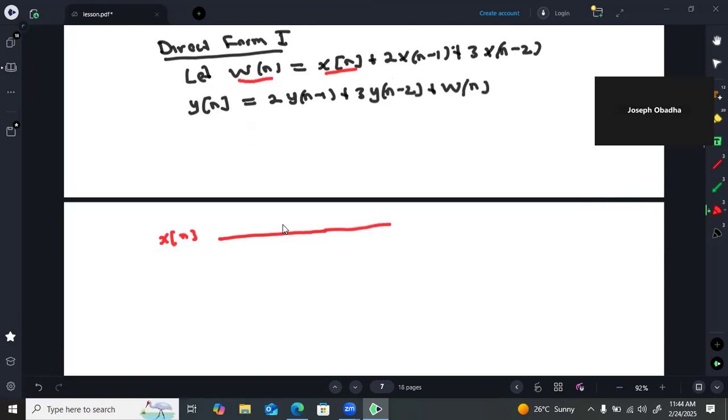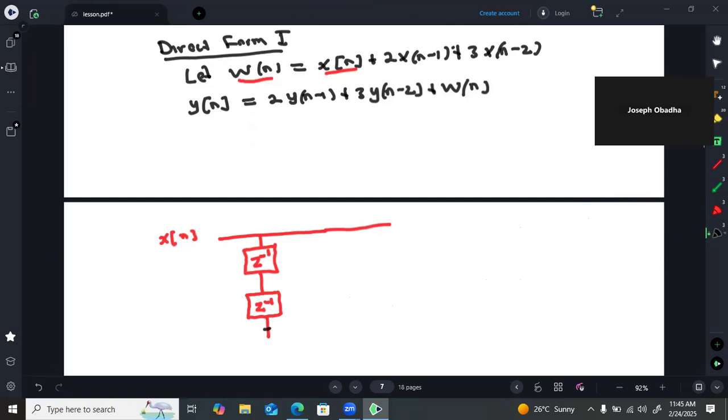So I will use delay elements. We'll have a delay element there, z minus 1, another delay element, z minus 1. Because at this particular point, we have a delay of z minus 2, since we have the first delay there, then we have the second delay at this point.